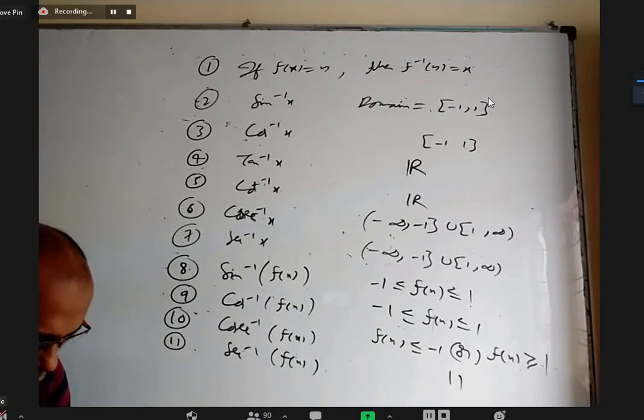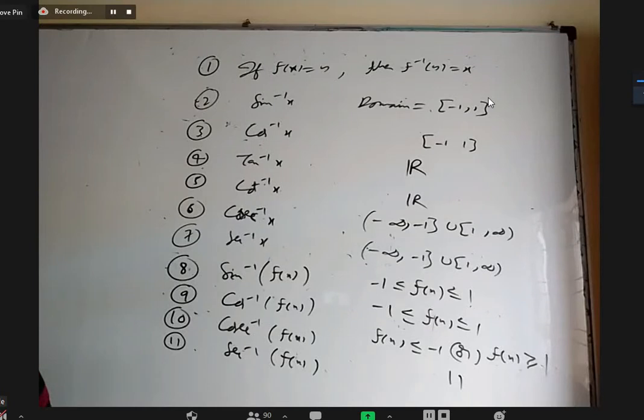Okay, I'm going to erase all these things, to discuss the greatest integer function now.